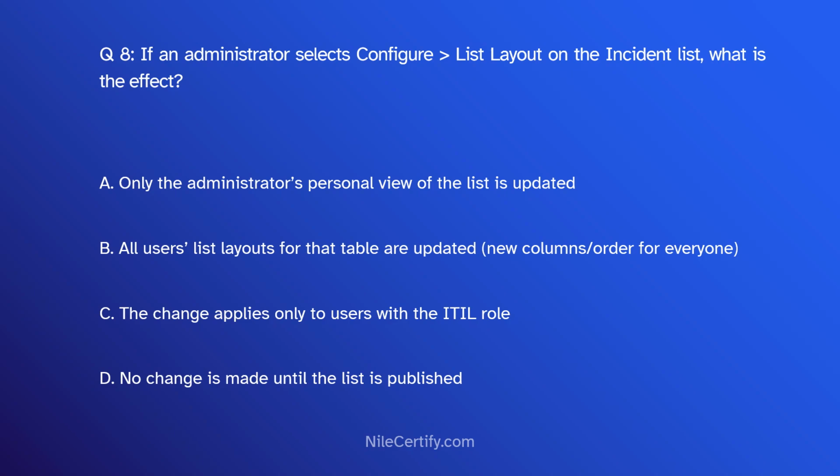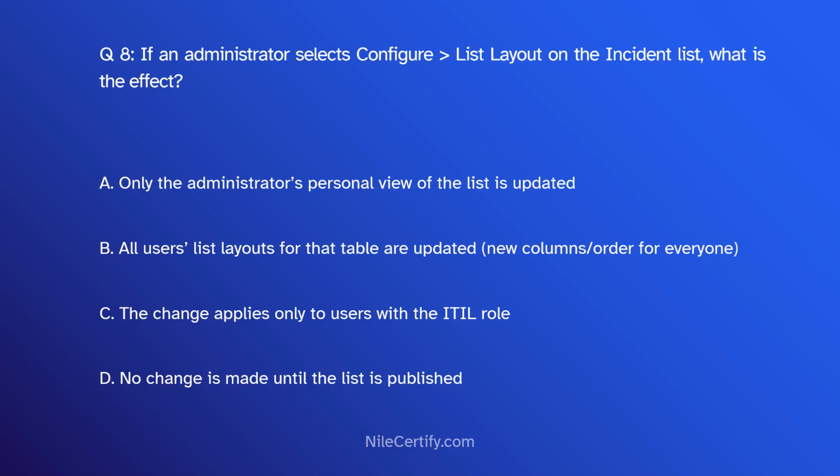Option B, all users' list layout for that table are updated, new columns and order for everyone. This lines up with what configure list layout really does. When an admin chooses configure, then list layout, they choose which columns appear and the order of those columns.